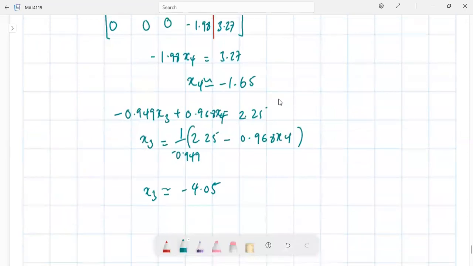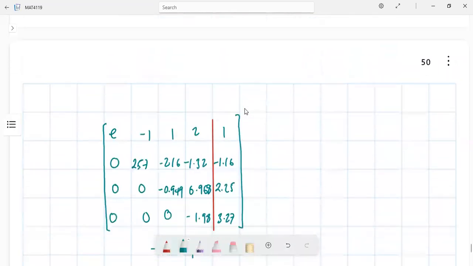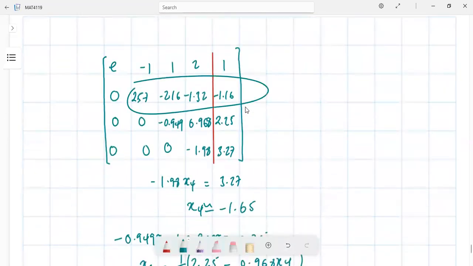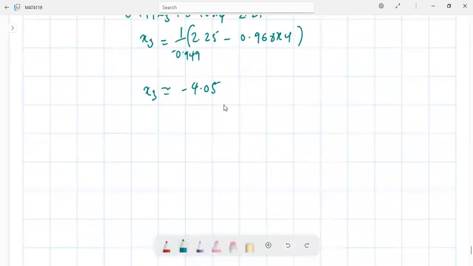Okay, and then the next solution will be from this row here, 2.57 and the rest of the elements. So we have 2.57 x2, minus 2.16 x3, minus 1.32 x4.